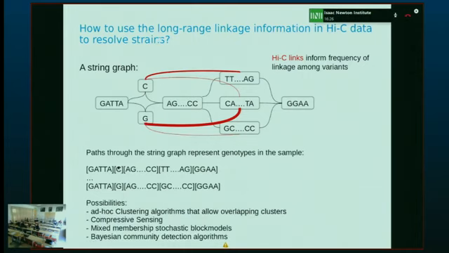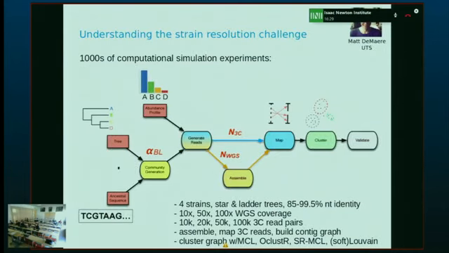Matt DeMare, who's a student here, has taken it upon himself to try to understand how these different clustering algorithms behave on metagenomic 3C data. Because we don't have a whole lot of real data available, we've taken a poor man's approach to this, which is to essentially simulate large numbers of metagenomic 3C data sets.